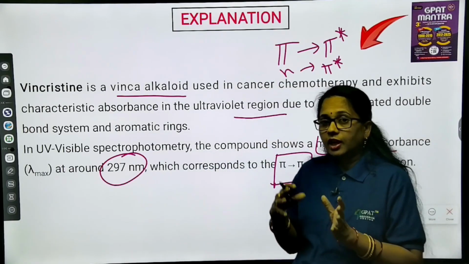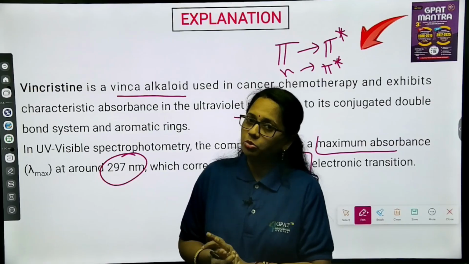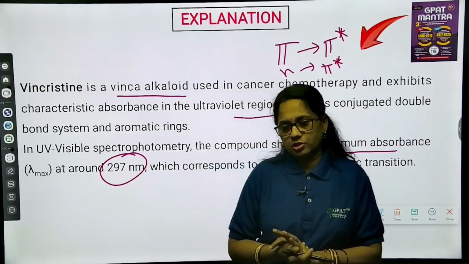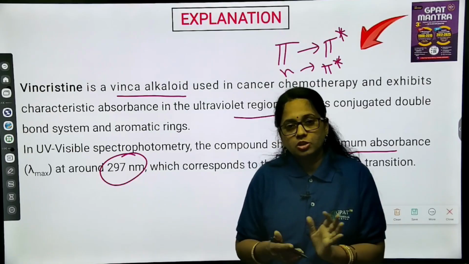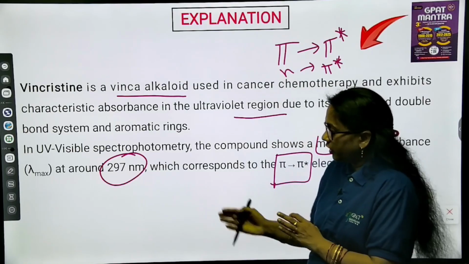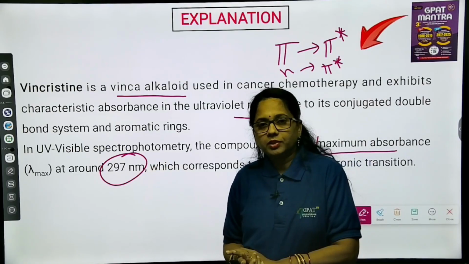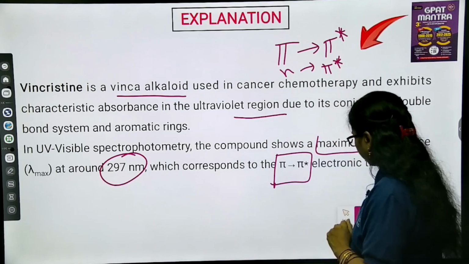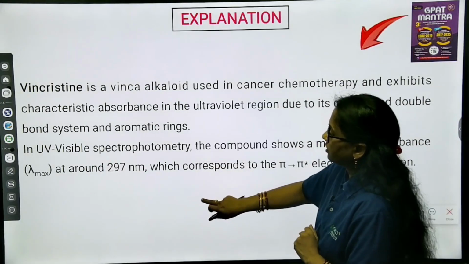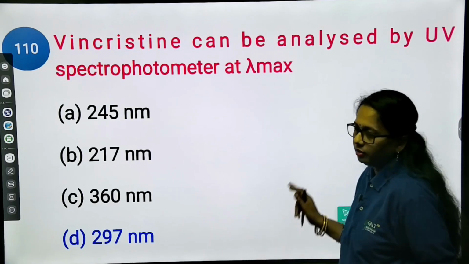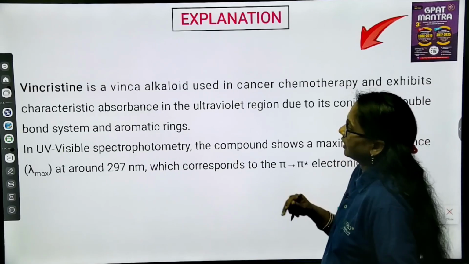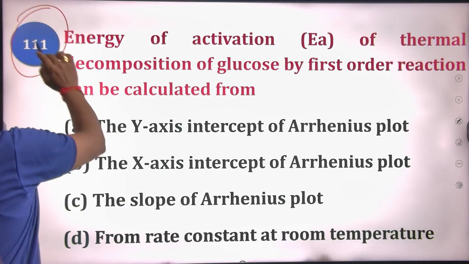And with colored complexes, if you want to determine, you can do so by adding some coupling reagents. But as such, if you take vincristine in a suitable solvent, then definitely you can estimate it at 297 nanometer. So in the given options, you can select 297 nanometer as the right answer.